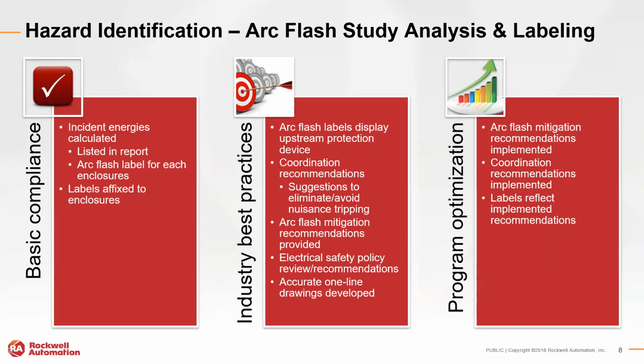Also, an acceptable risk limit should be defined in advance of the study, so that you can help determine which specific mitigation solutions you're going to implement. So you may determine that as a company, your acceptable level of risk in terms of doing energized electrical work is, I'm only going to allow my personnel to work on electrical equipment energized if the incident energy level is 12 cal per centimeter squared or less.